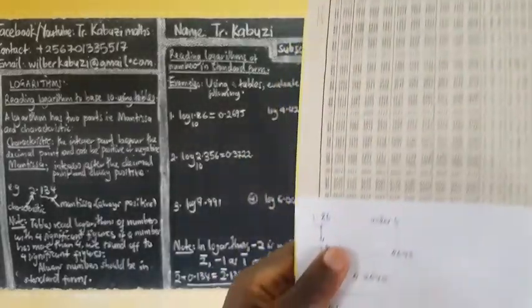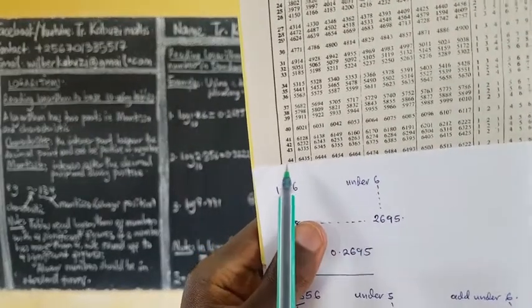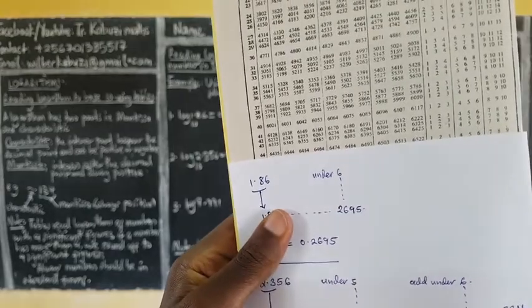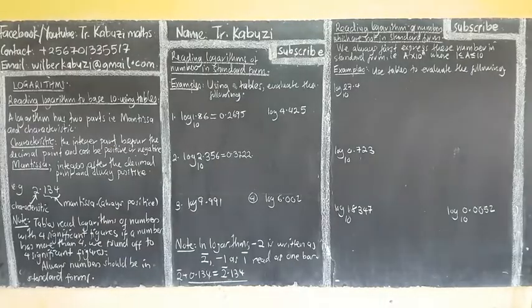It's not 44, but it's 4.4, as you see. So this 4.4, let me follow this so that you can follow properly.